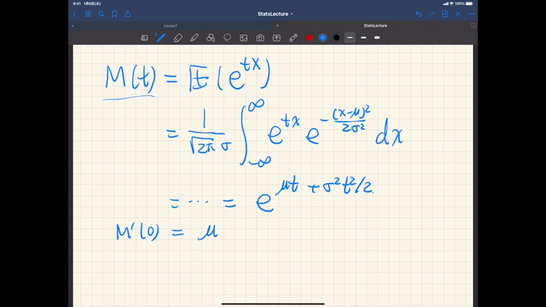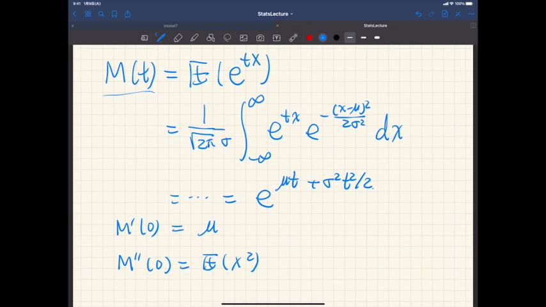If you differentiate again and put t equal to 0, then you should have the expectation value of x squared, which should be sigma squared plus mu squared. So if you subtract mu squared from here, you get the variance, which is sigma squared.